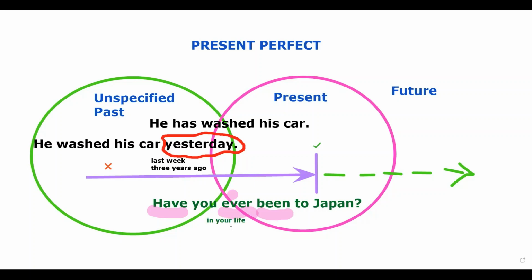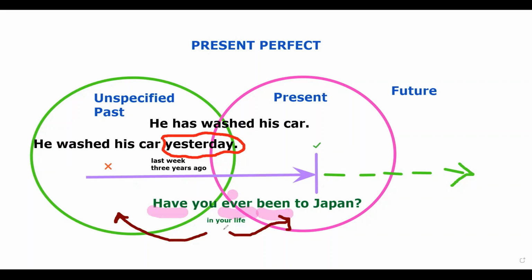We don't know when, just sometime in your life, whether it was in the past or somewhere within this period of time, this connection between past and present, just somewhere in your life.